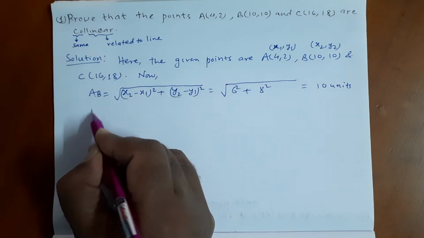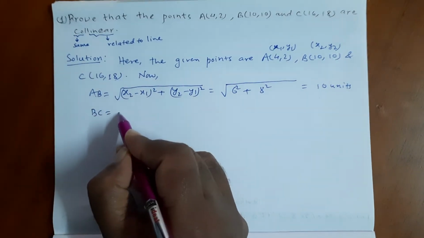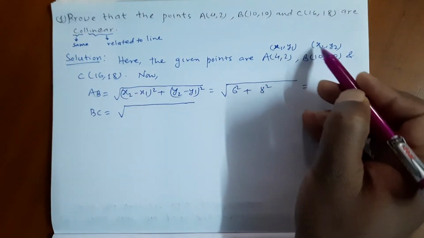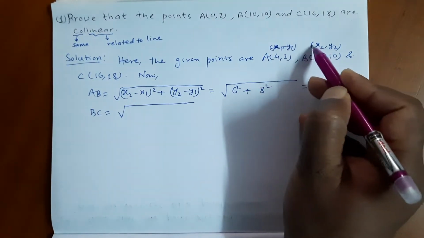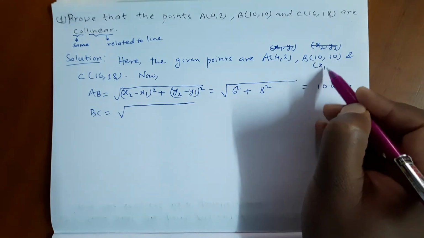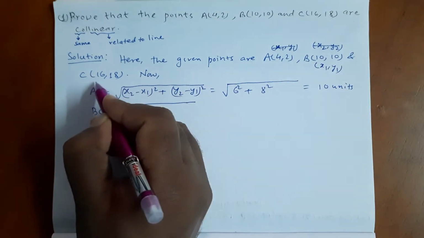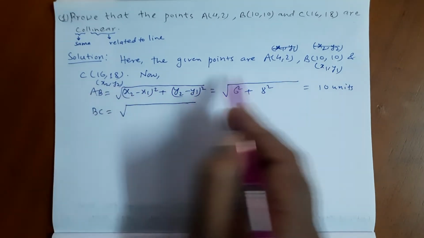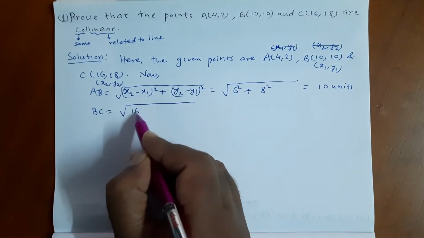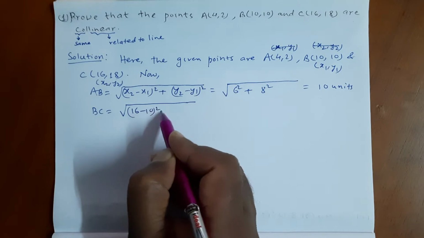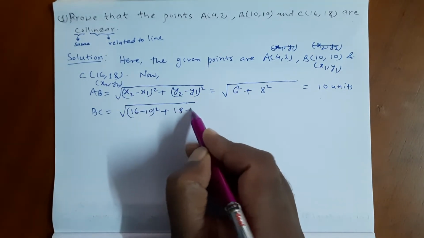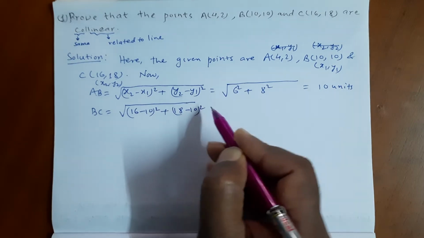Let us find out BC. While finding out BC also we can follow the same procedure. You can suppose B to be x1, y1 and C to be x2, y2. So now x2 minus x1, 16 minus 10, square, plus y2 minus y1, 18 minus 10, square.